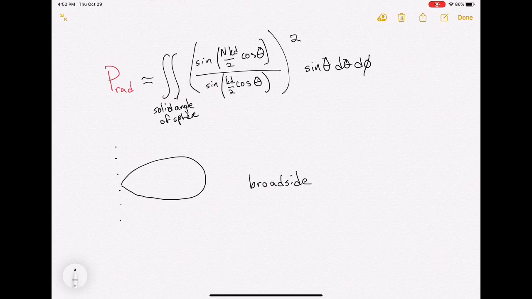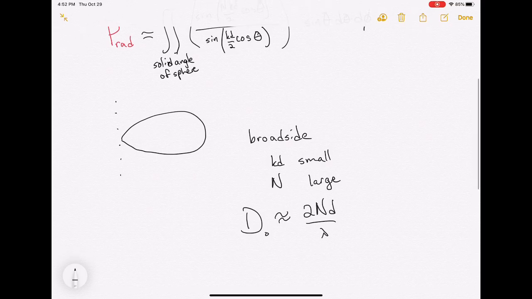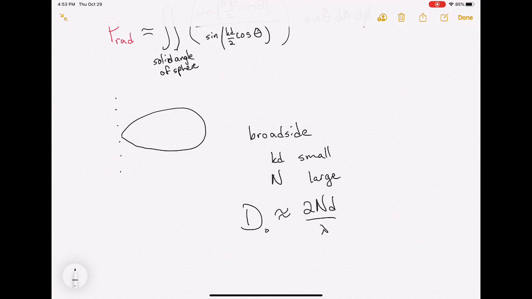If we are in the situation where kd is small and N is large, then the maximum directivity of this type of array is approximately 2 Nd over lambda, which is equal to 2 times 1 plus the total length divided by the spacing times d over lambda.